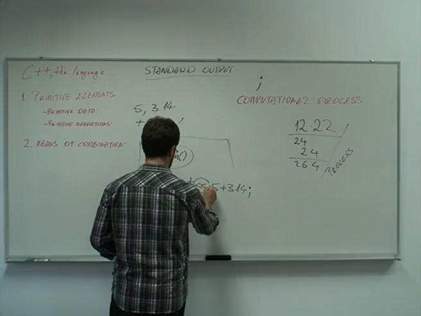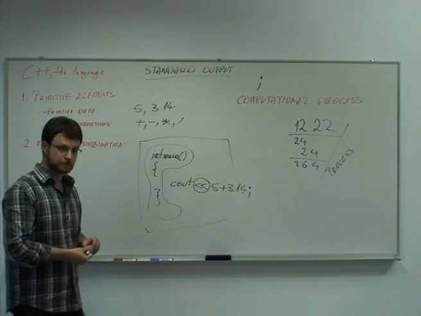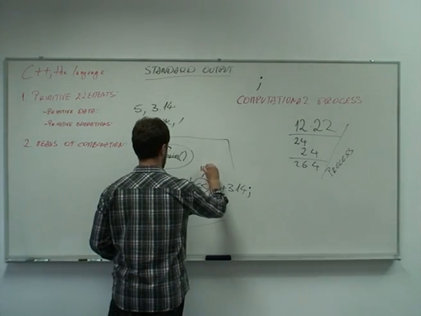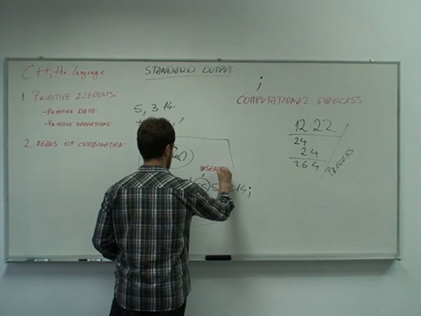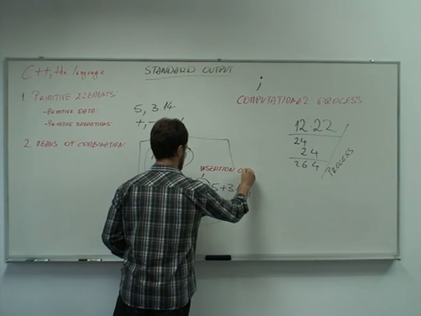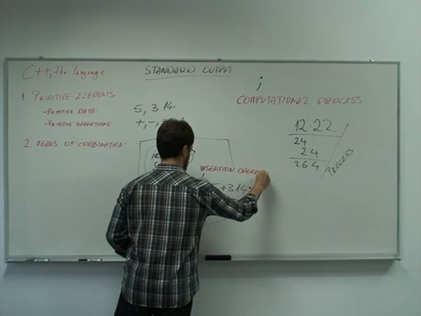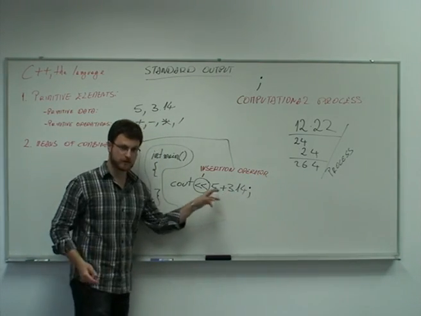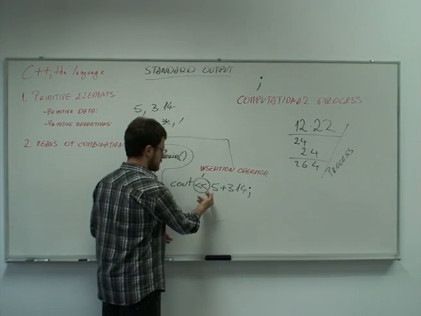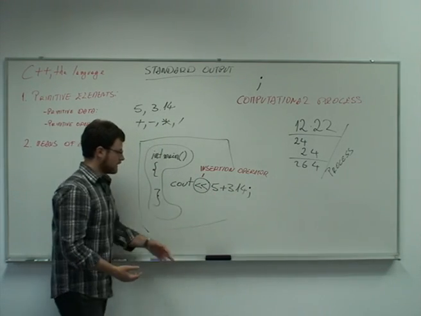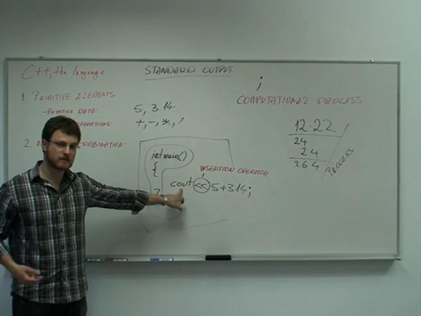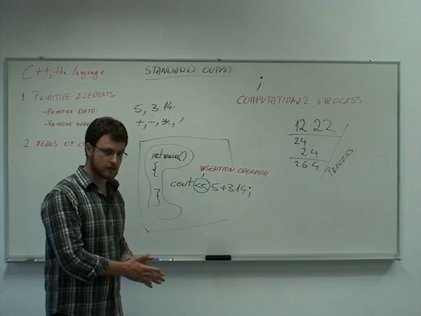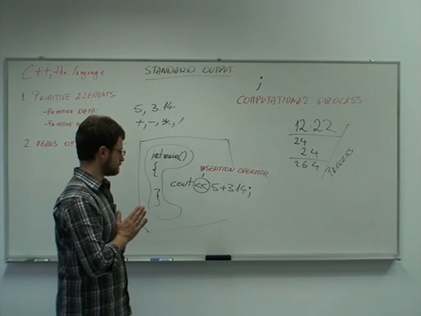What is this? This is an operator called the insertion operator. What it does is that it takes the value, this is important, the value of an expression on its right-hand side and outputs it to the standard output object, or as we have agreed, in our case, on the whiteboard.